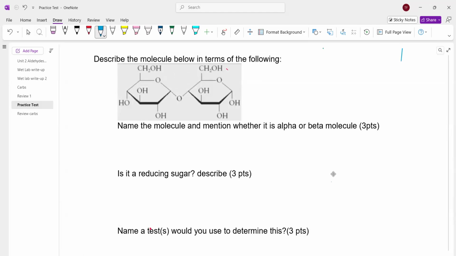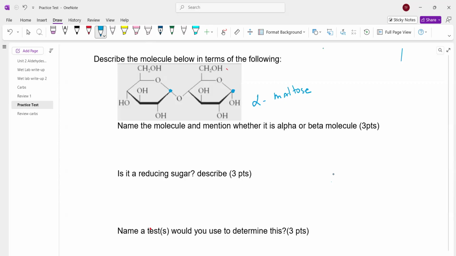So this is going to be maltose, and because the OH is going down, it's going to be alpha maltose.